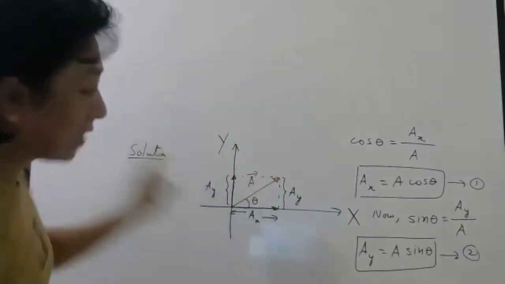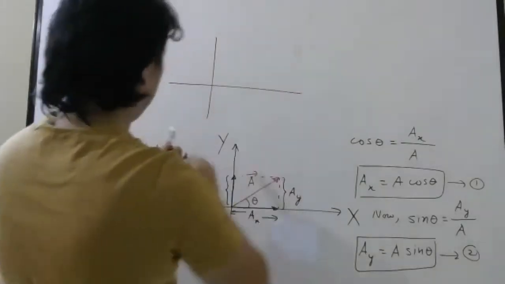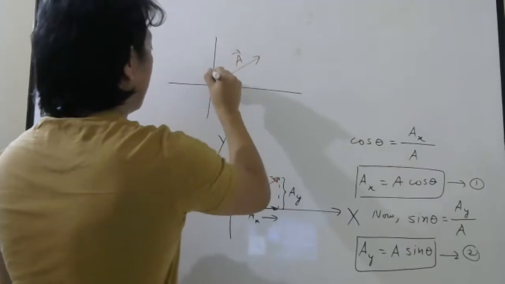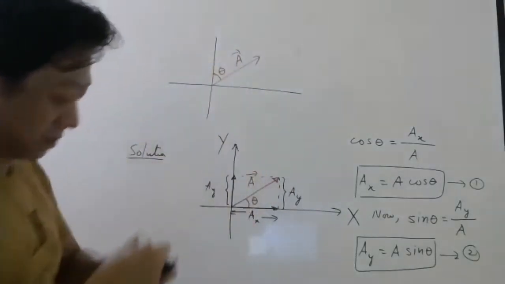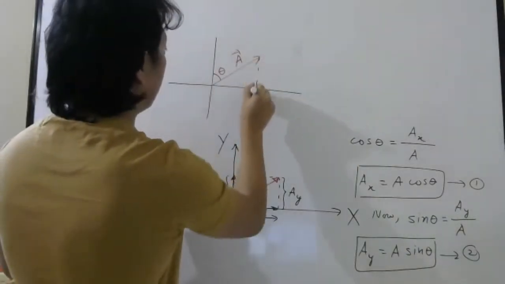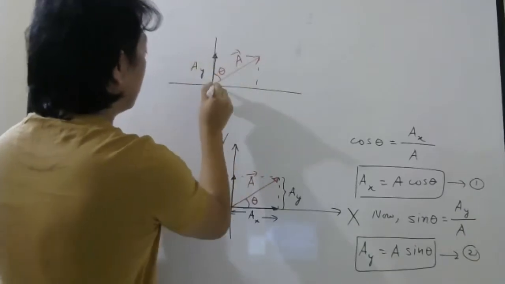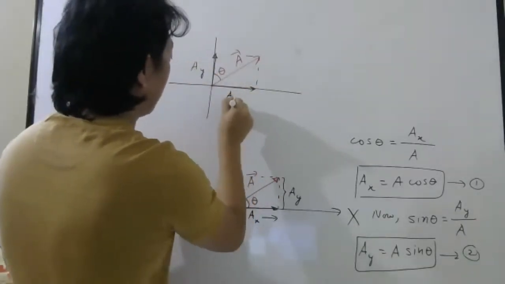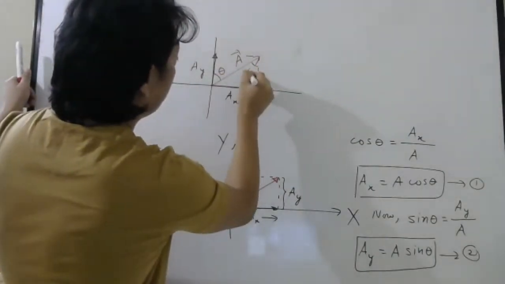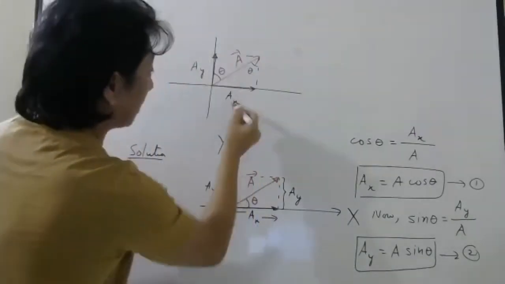Usually this is how they give the question, but sometimes they may do like this. Look here. They may say the vector is making angle theta with y-axis. Then you can see now, again this will have two components. This is your y component ay, this is your x component ax. But now you can see if this is theta, this is also theta. So now your ax is opposite side of this angle.